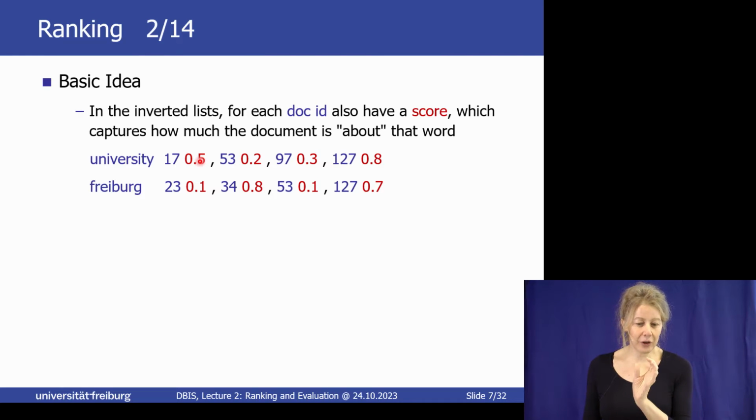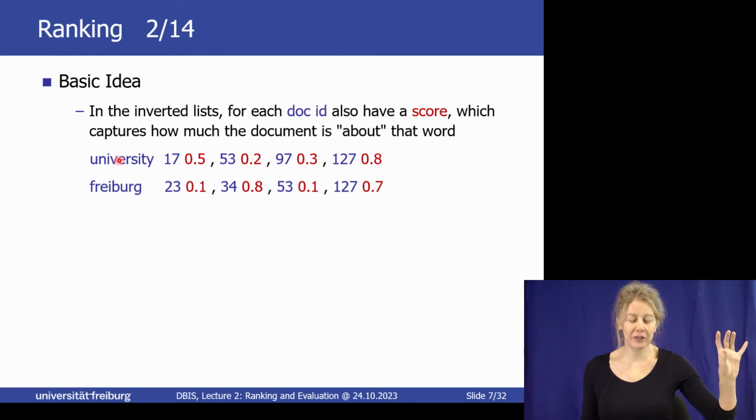And this score should say, this document, 127, yeah, it's really about university. The word university is here for a reason. Here for 53, 0.2, it's a low score. The document mentions the word university, but it's not really about university.